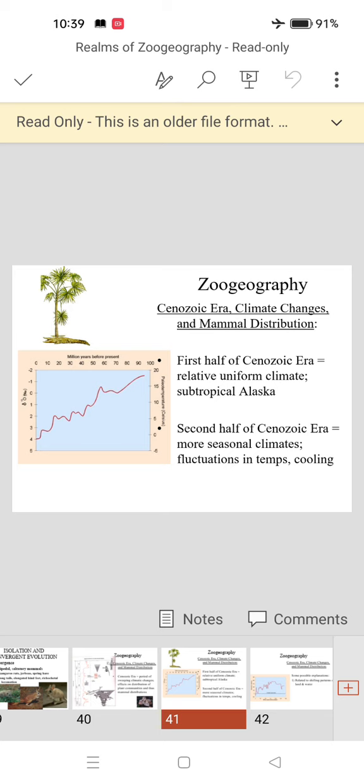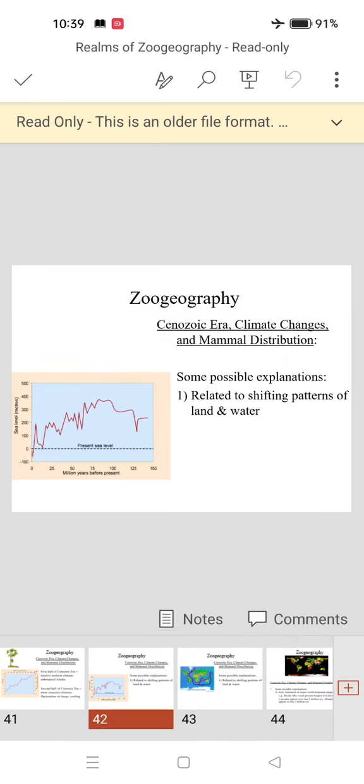Mammal distribution. The Cenozoic era saw climate changes and mammal distribution changes: the first half of the Cenozoic era, the second half of the Cenozoic era with more seasonal climate. Zoogeography has some possible explanations related to shifting patterns of land and water.